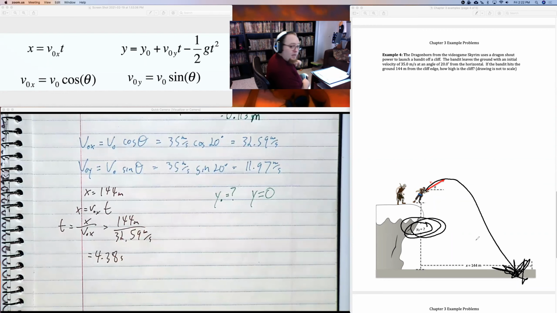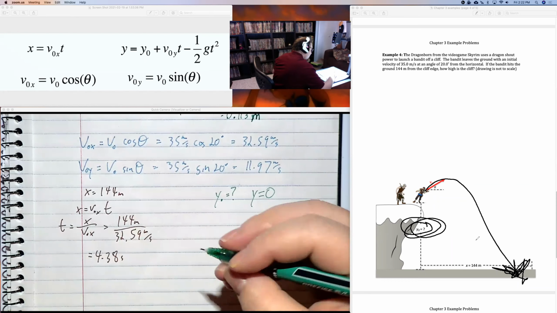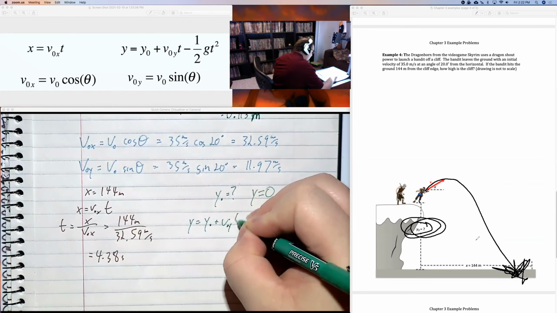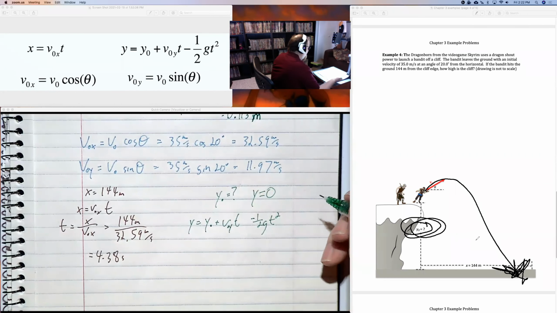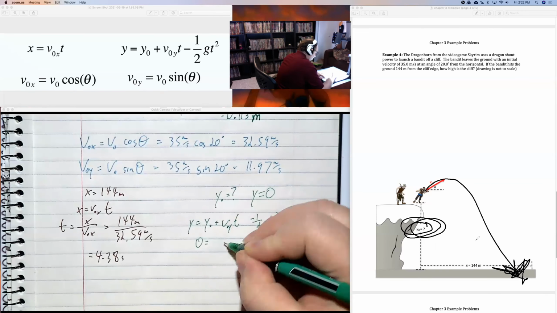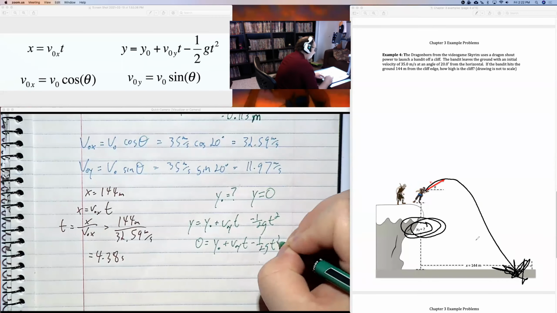Now that I know the time, I can solve for y naught using my y equation. Y equals y naught plus v naught y t minus 1/2 g t squared. I'll plug in my zeros, which is just y. And I'll rearrange.